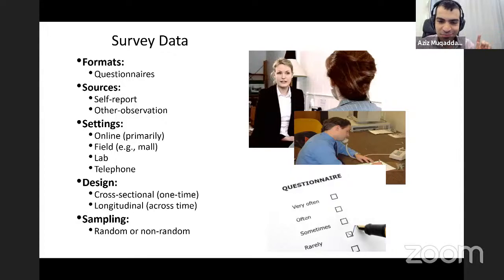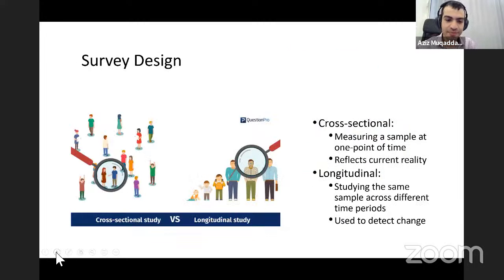The word can sometimes sound intimidating, but it simply means one time. One section, or longitudinal, so at different points in time. And the sampling could be random or non-random. If you want to know what that means, you have to go back to our lecture on sampling.